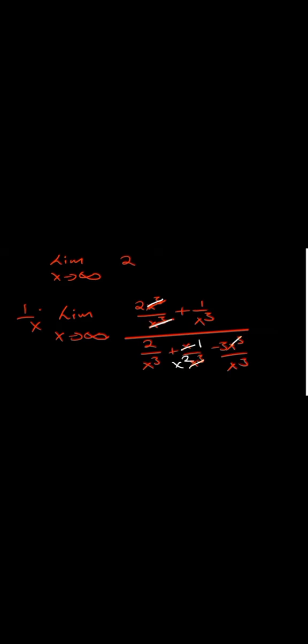Here you are going to divide, so what are you remaining with? You are remaining with 2 on the numerator, plus 1 over x to the power 3, divided by 2 over x to the power 3 plus 1 over x squared minus 3.